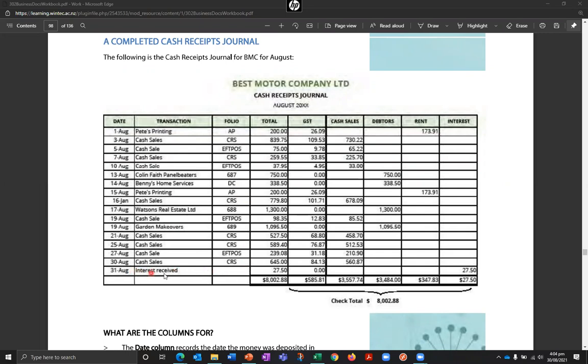And you'll notice that for interest received, it doesn't have a folio, so you can just leave that blank. Here is the total column. It has the total amount that came into the bank account.